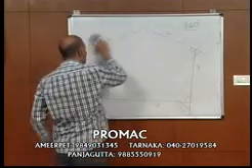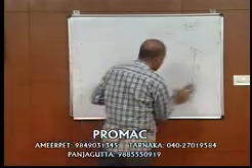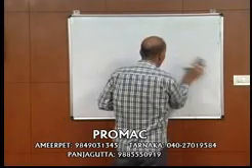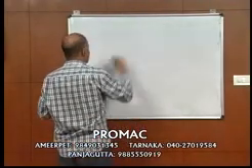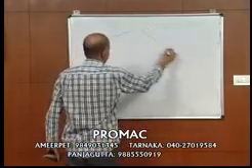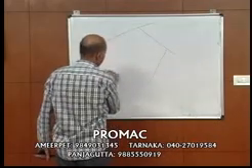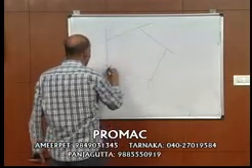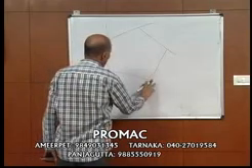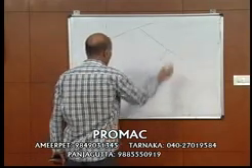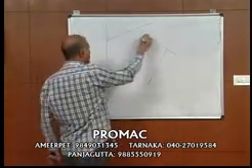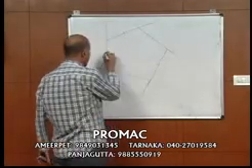Now from this knowledge, can we find internal angles? Suppose let us say I have a pentagon. Let's assume this pentagon to be a regular pentagon. What is regular? All sides are equal.